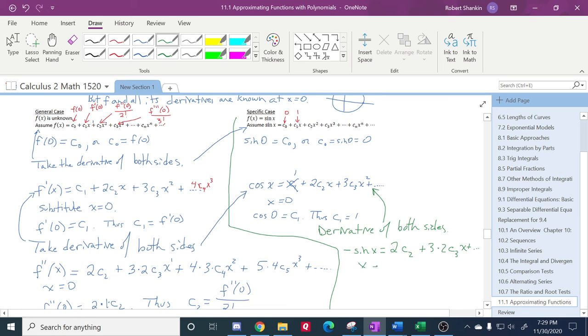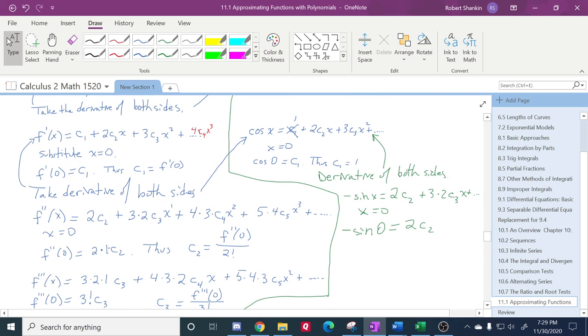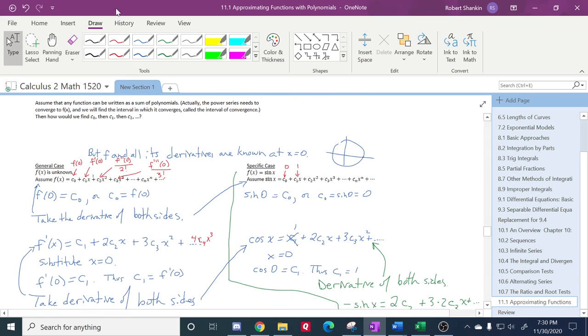Now set x equals 0. You're going to get negative sine of 0. Everything zeroes out except this one. But sine of 0 is 0. So C2 is equal to 0. So we come back up here.